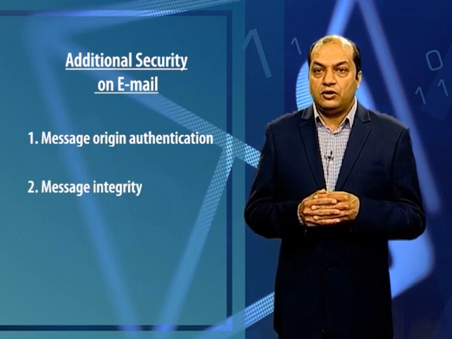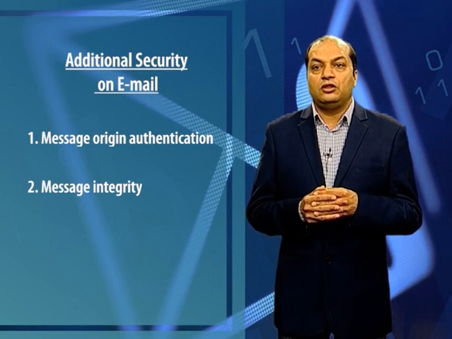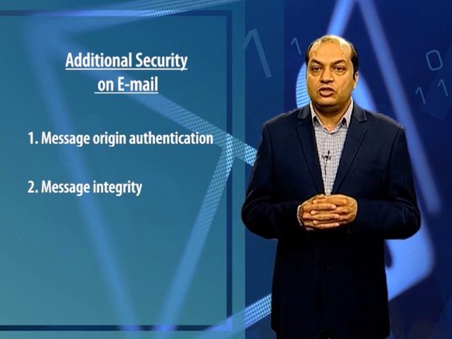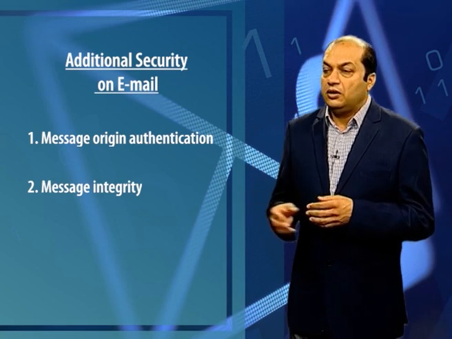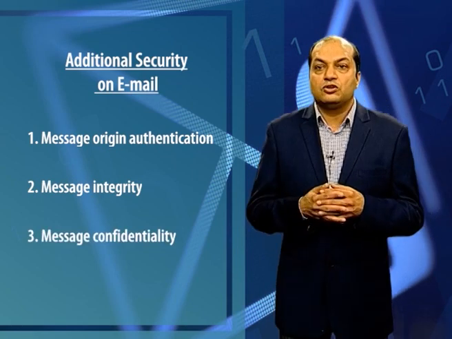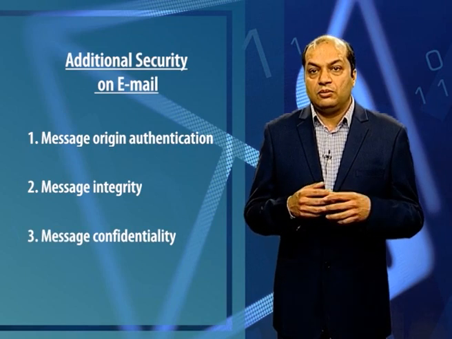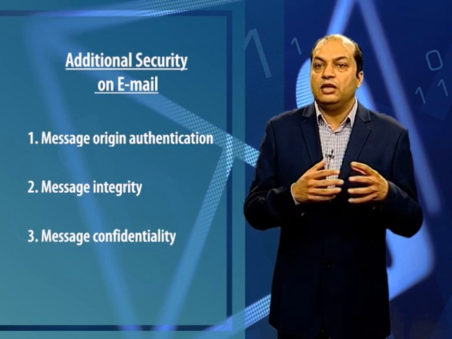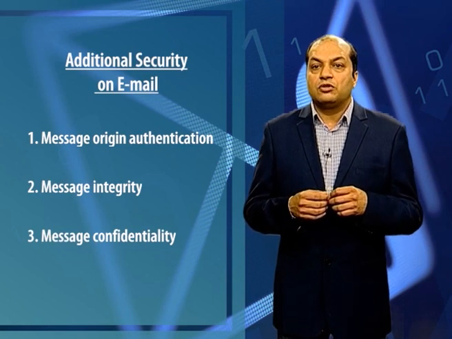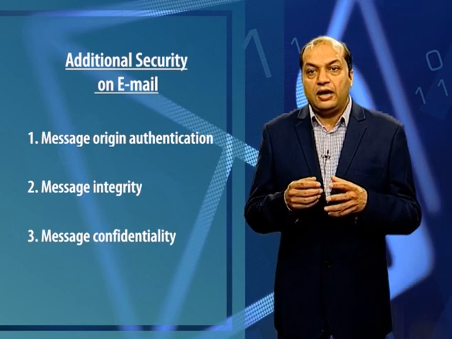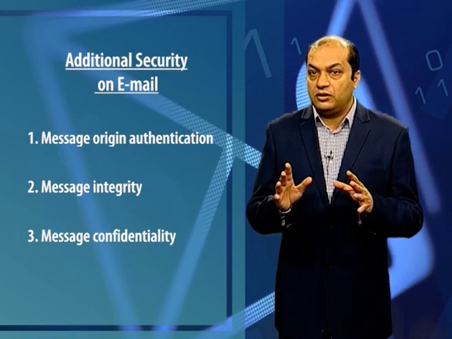The surety that the email content has not been altered by someone else, which can also be achieved by digital signature. Number 3, message confidentiality. The facility of using an encryption algorithm for encrypting the body of the email so that it becomes confidential and can be read only by the sender and the receiver, nobody else.